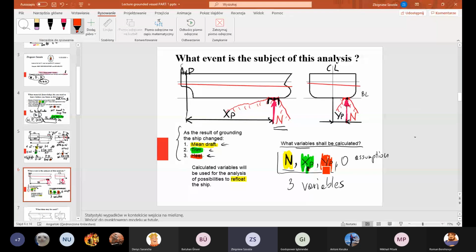We are smart all together, yeah? We want to calculate 3 variables. So what is reaction and what is the point of action of such a force? We assume that the third ordinate is equal to 0. So we have 3 variables to be calculated. So we need 3 equations to do this.